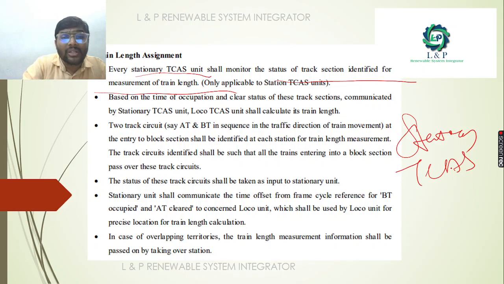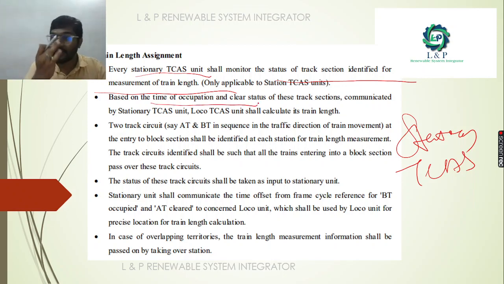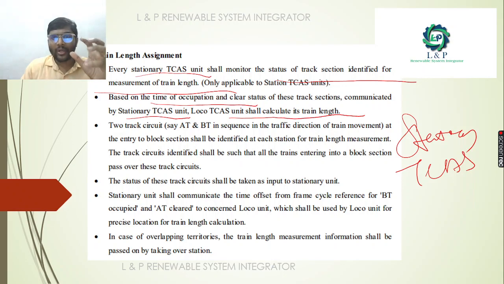Based on the time of occupation and clear status of these track sections communicated by the station's stationary train control unit, the loco train control unit shall calculate its train length. So, based on the status being monitored by the station train collision avoidance unit, the loco train collision avoidance system will calculate the train length.